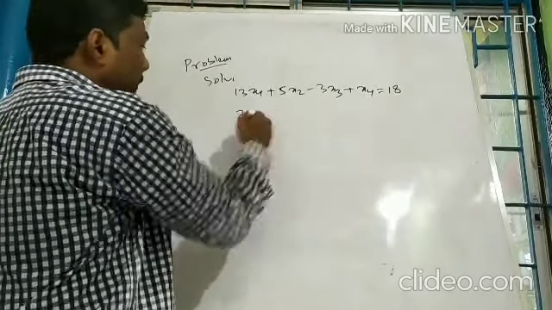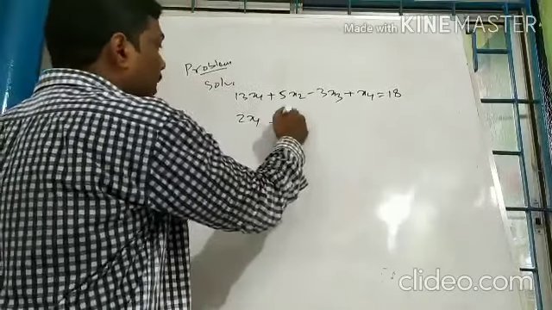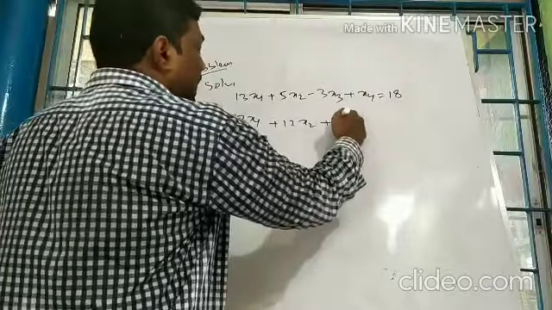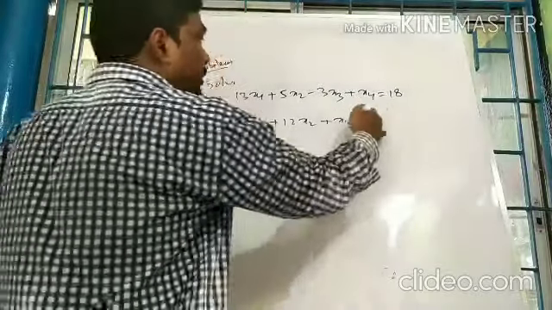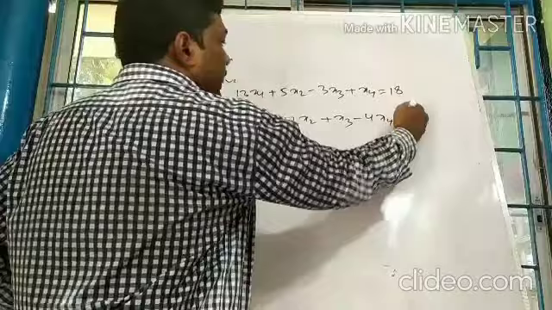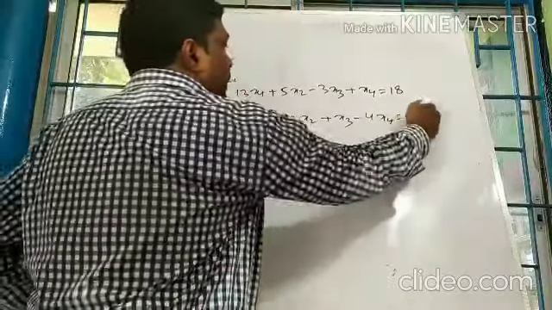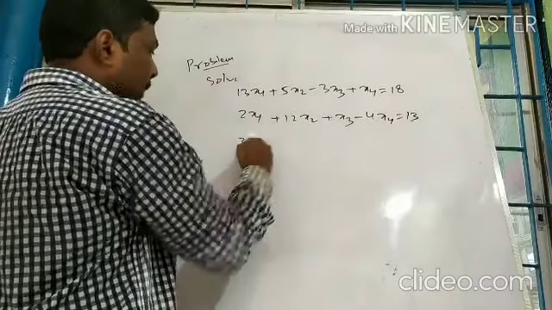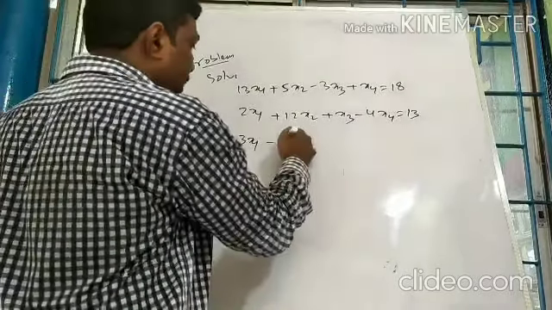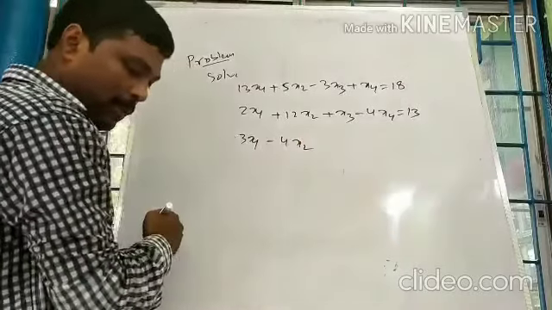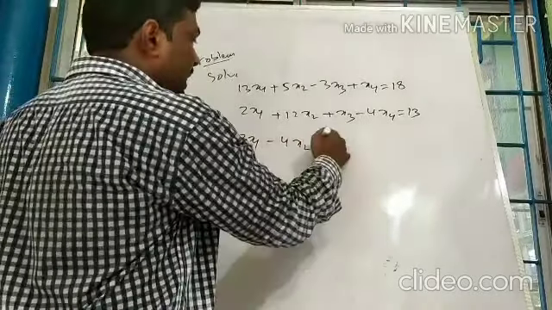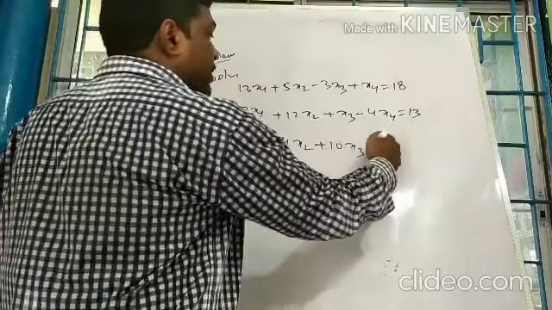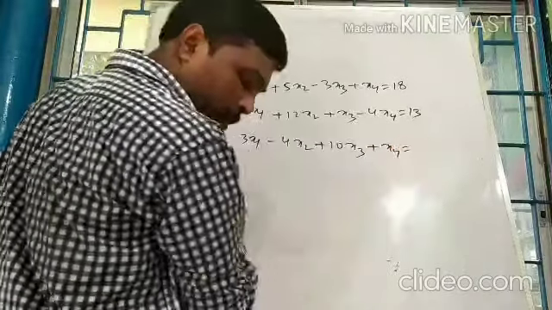2x1 plus 12x2 plus x3 minus 4x4 equals 13. Next, 3x1 minus 4x2 plus 10x3 plus x4 equals 29.